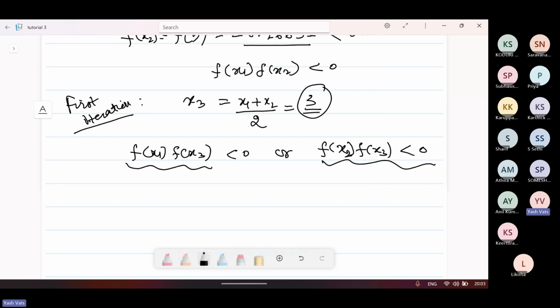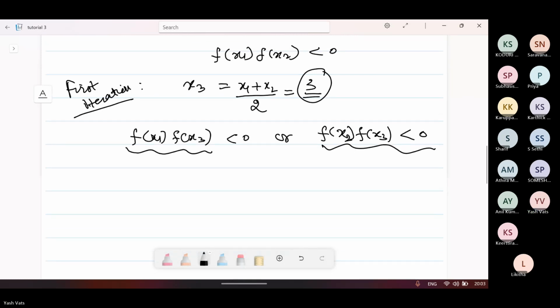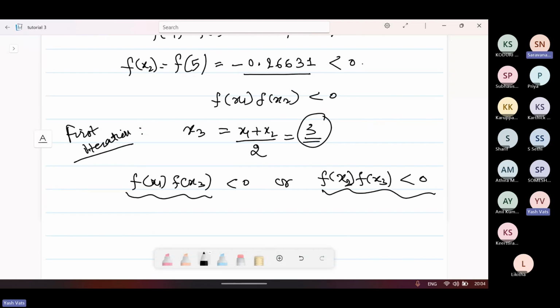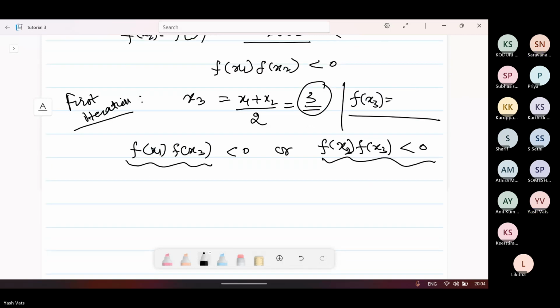Which one is true? What is f of x3? Just tell me this way. What is the value of this? Take the products of the two and tell me which one I should go with.